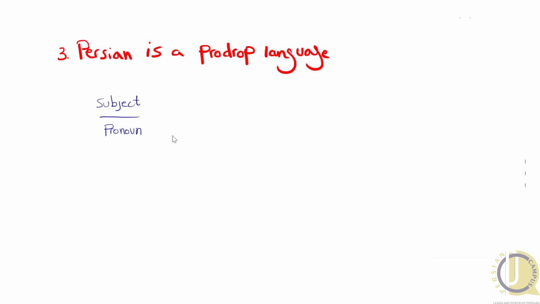Persian is a pro-drop language. It means that the main subject, which appears at the beginning of the sentence, can be concealed or suppressed because it left its trace on the verb, the suffix or subject endings. من میروم or میروم.